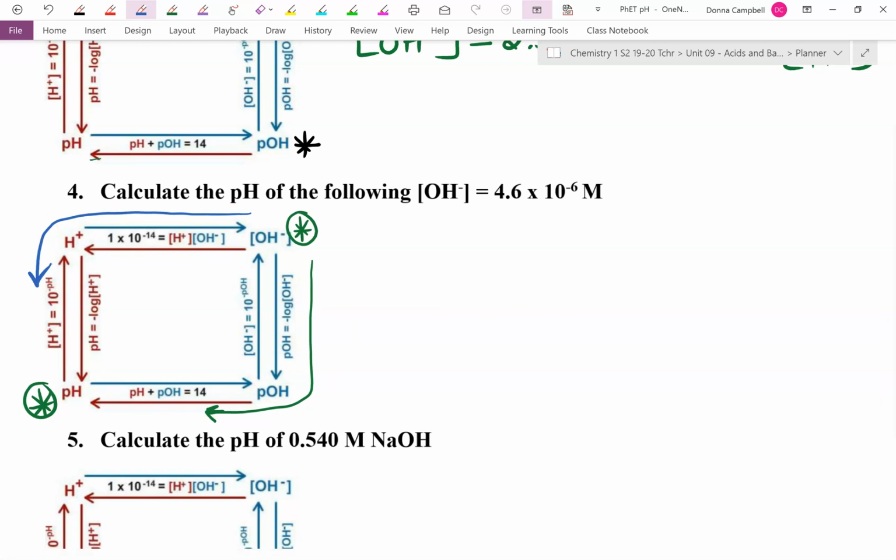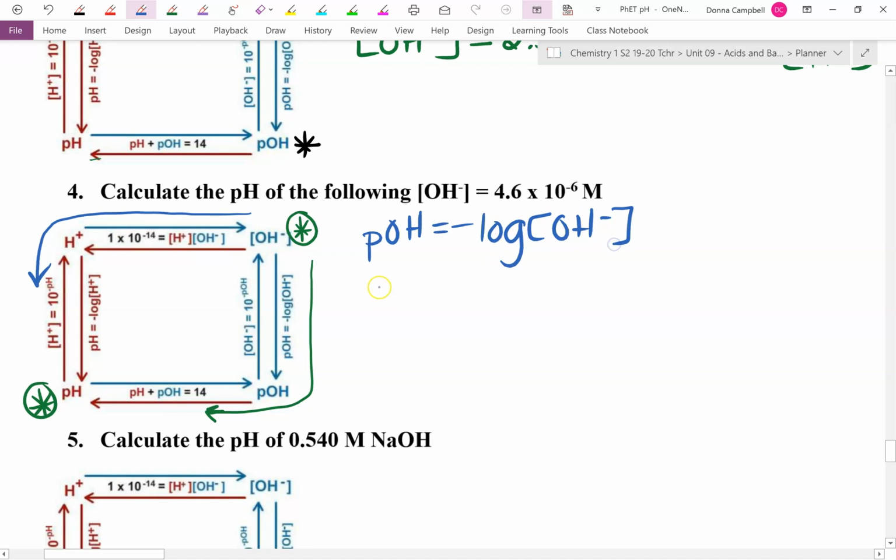So I say we go down then over. So that means we're going to say that pOH is equal to the negative log of the OH minus concentration. So pOH is equal to the negative log of 4.6 times 10 to the negative 6.